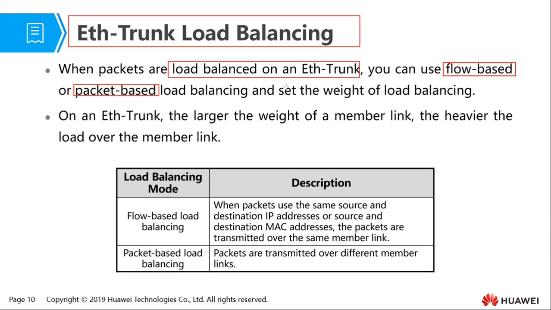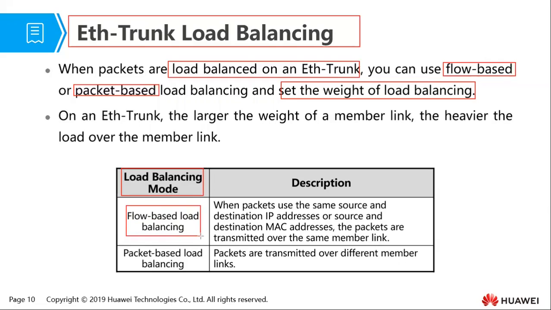You can also set the weight of load balancing. So 2 things: you can choose the load balancing mode, and you can also set the weight. On an Ethernet trunk, the larger the weight of a member link, the heavier the load over that particular link.